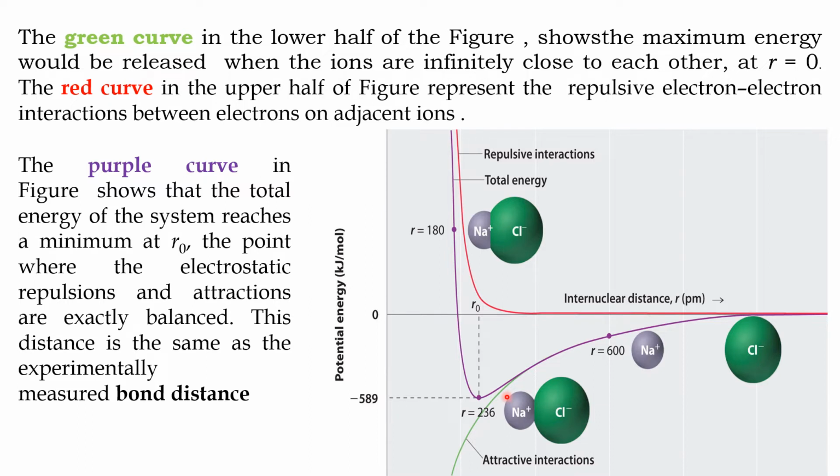So this is the potential energy against bond distance representation of an ionic compound. So an ionic compound at a particular distance r0, that for NaCl it is 236, represents the bond distance between Na+ ions and Cl- ions.